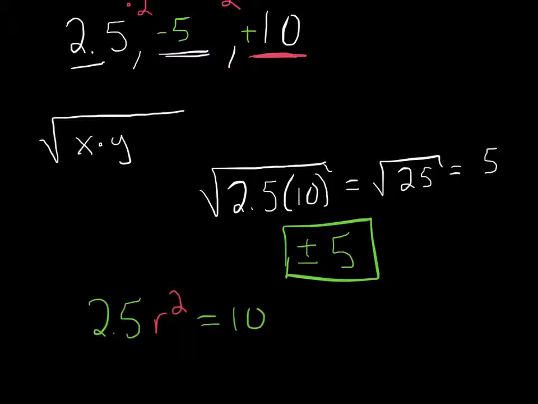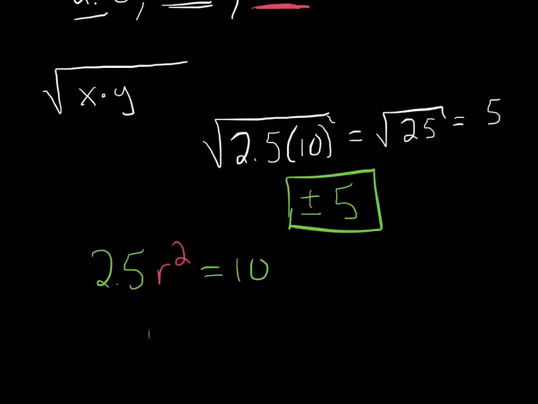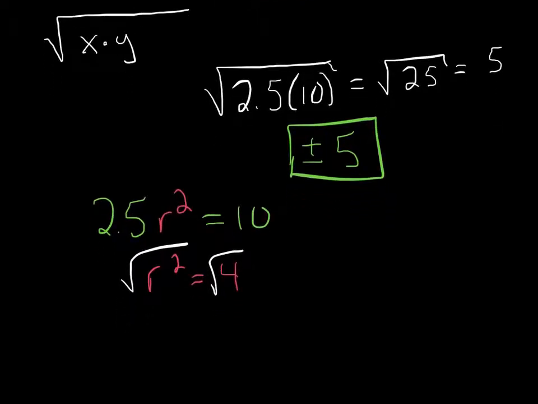Dividing both sides by 2.5, I'd get r squared is equal to 4. Remember, when we square root an r squared, I have plus or minus two different answers. So r could be positive 2, because 2 squared is 4, but also negative 2 squared is also 4. And that's the one thing you need to watch out for with geometric sequences.